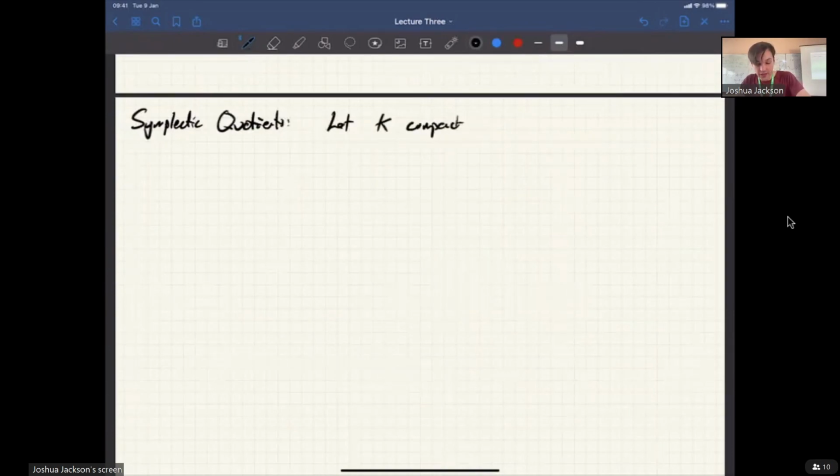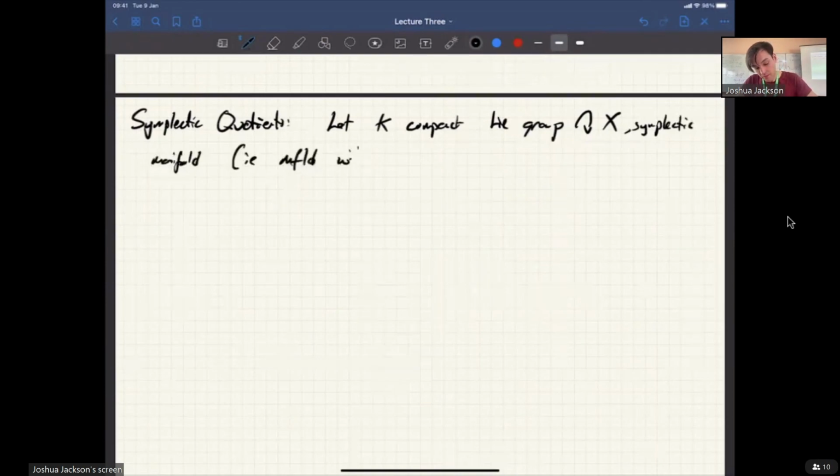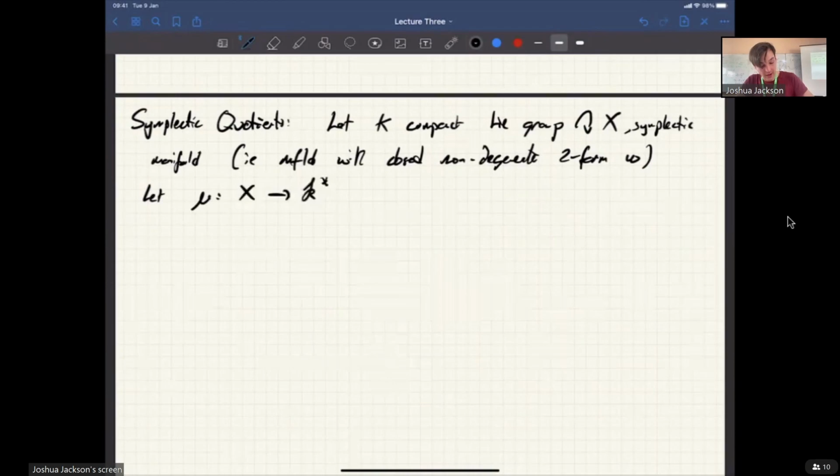So if K is a compact Lie group acting on X, a symplectic manifold, i.e. a manifold with a closed, non-degenerate two-form, omega, and let mu, so this mu is a different mu from the Hilbert-Mumford mu, sorry, this thing, so this is the dual of the Lie algebra of K. So let this be a moment map.